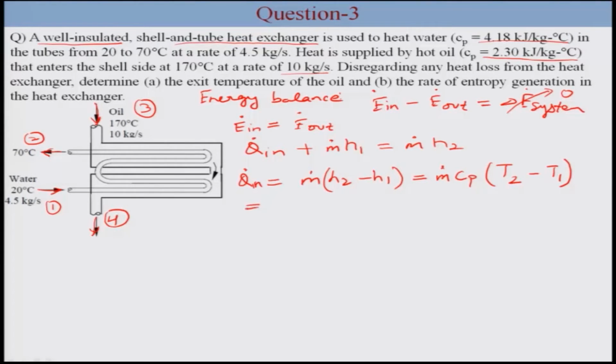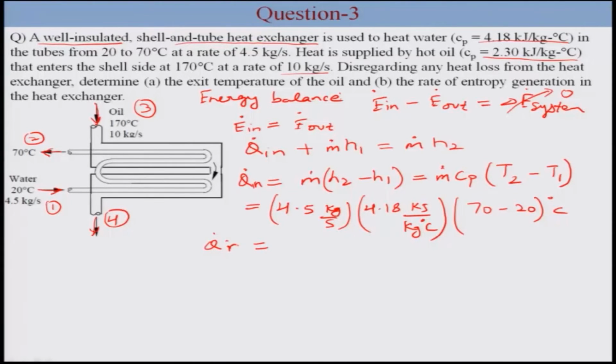So, putting all the values, mass flow rate of water is 4.5 kg per second, specific heat is 4.18 kilojoule per kg degree Celsius, and temperature difference is 70 minus 20 degree Celsius. So, this comes out to be 940.5 kilowatt.